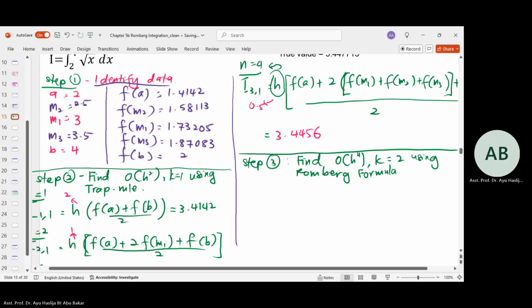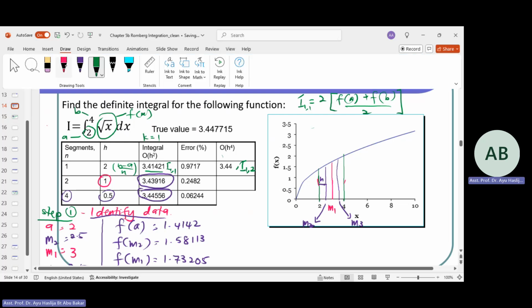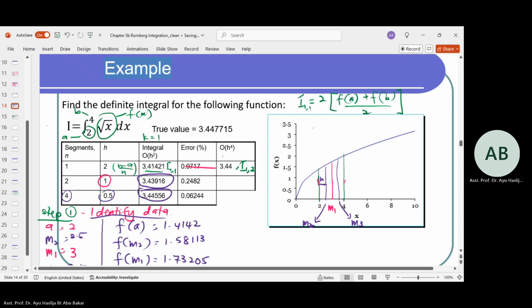So O(H⁴), level 2, I12. Remember that for I12, you need I11 and I21.